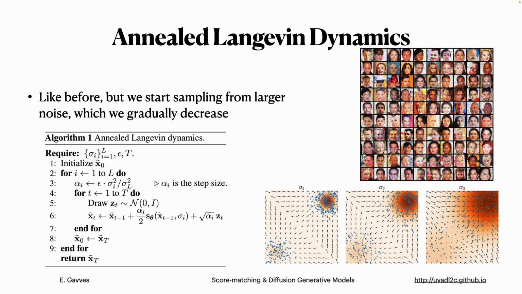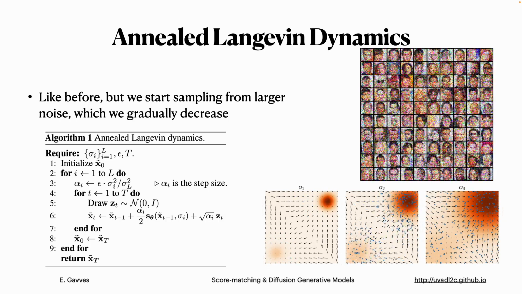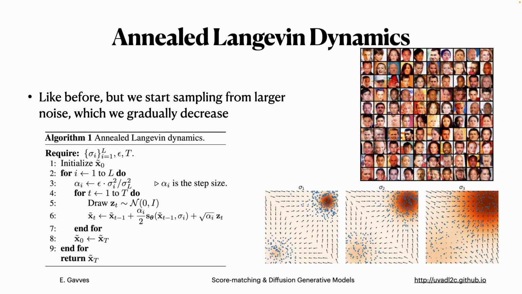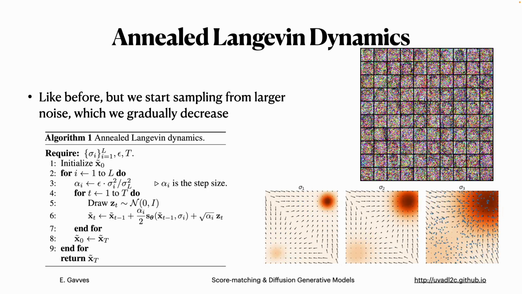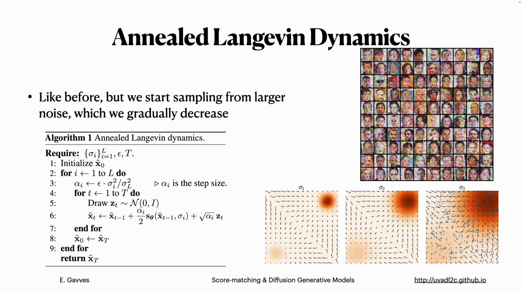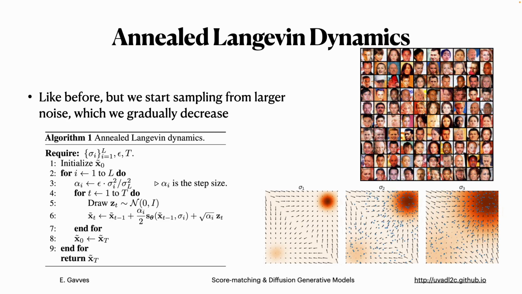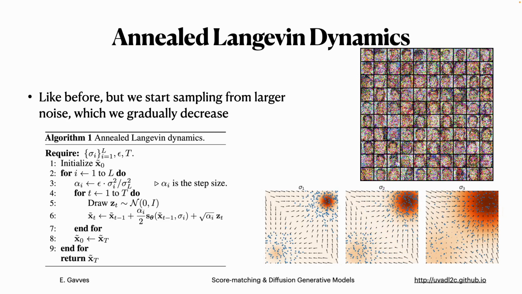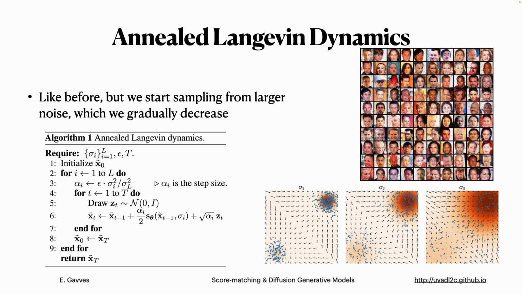Okay, so this is the pseudocode for going from 1 to L noise scales. We draw one random sample. We do the Langevin step, getting a new sample by moving in the direction of the score function.